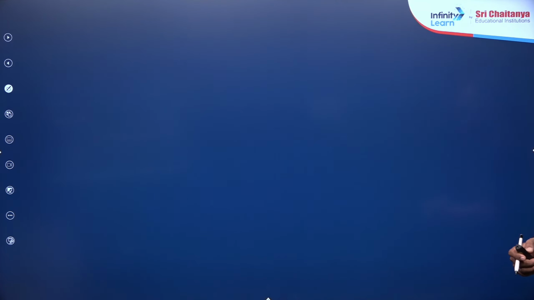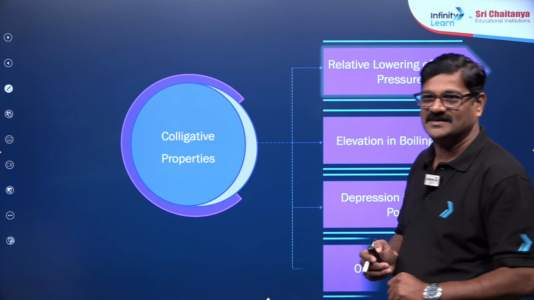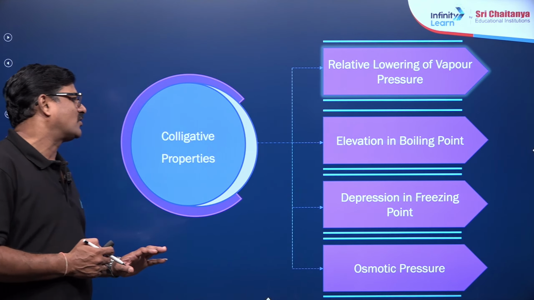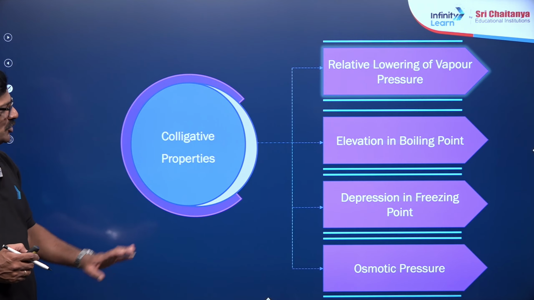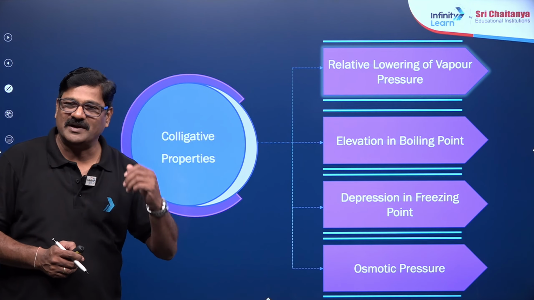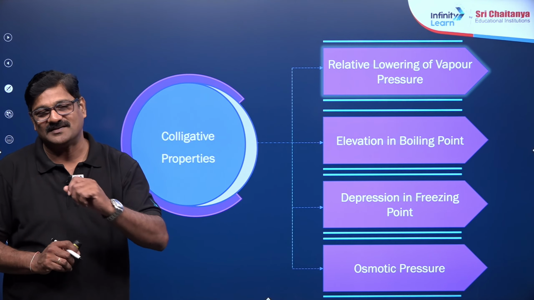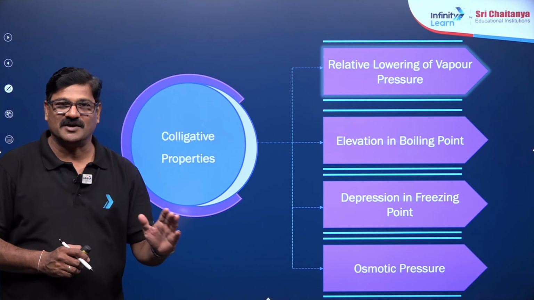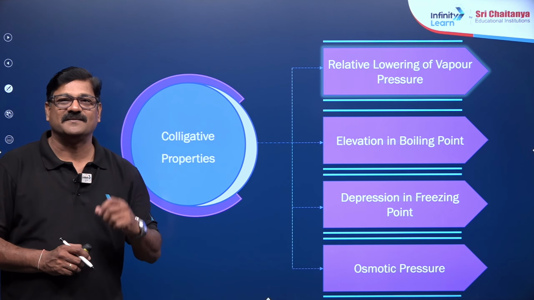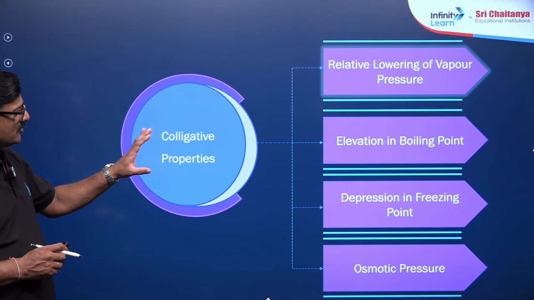And also you can see colligative properties. I just want to give an introduction to the colligative properties. The properties of a liquid mixture that depend only on the number of solute particles, but not on the chemical nature or chemical identity of the solute, are called colligative properties.